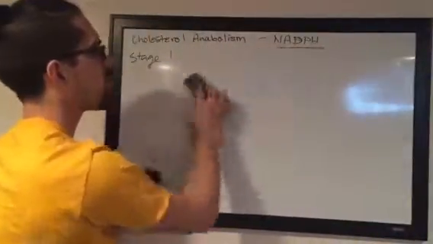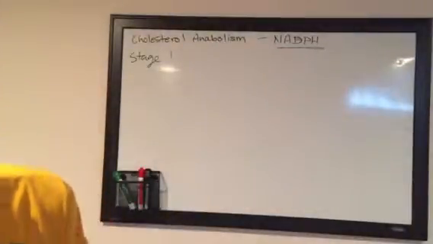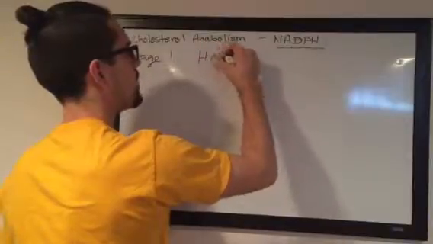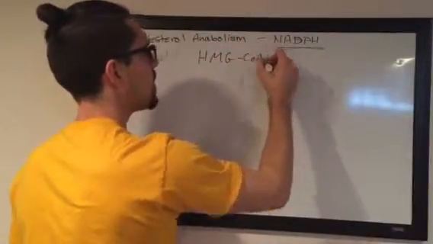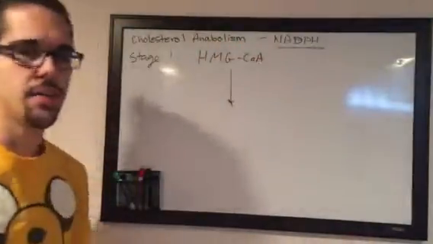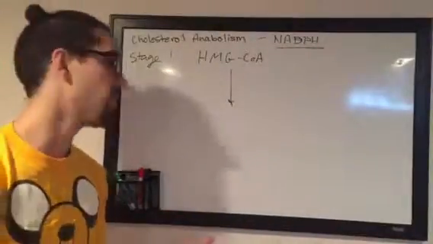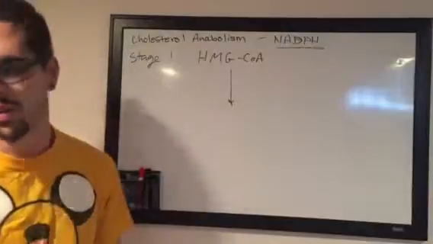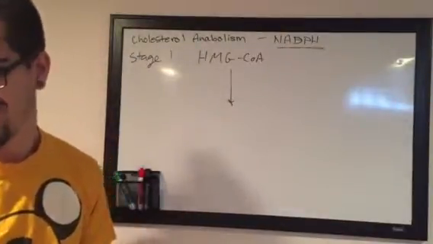This is still stage 1. This is going to be the last step of stage 1. We've got our HMG CoA that was made from acetoacetyl-CoA and acetyl-CoA by the enzyme HMG CoA synthase. We are now going to alter this structure slightly.